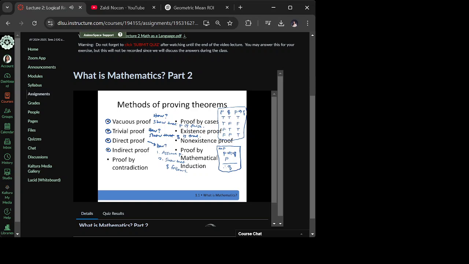Lastly, for indirect proof, we follow modus tollens. Step 1, assume not Q. And step 2, we show that not P follows.